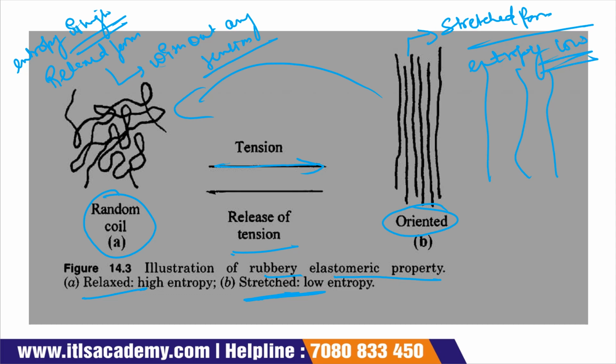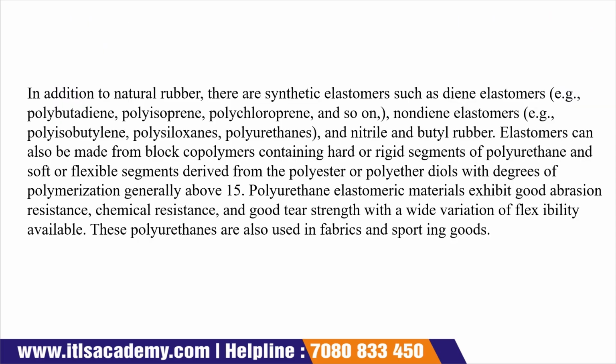Now the next is, in addition to natural rubber, there are synthetic elastomers like diene elastomers: polybutadiene, polyisoprene, polychloroprene, and so on. These synthetic elastomers are either diene elastomers or non-diene elastomers.